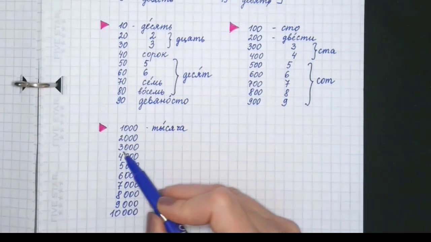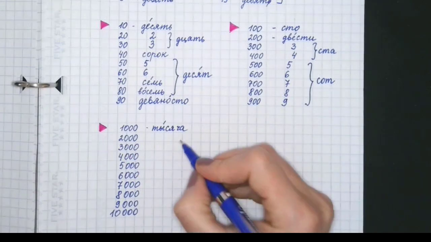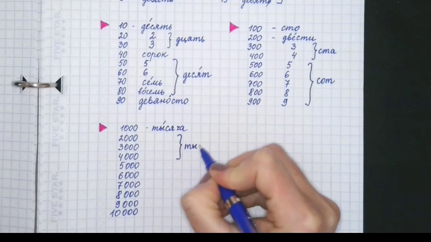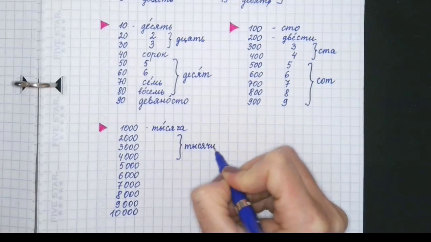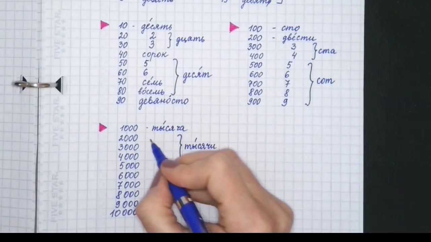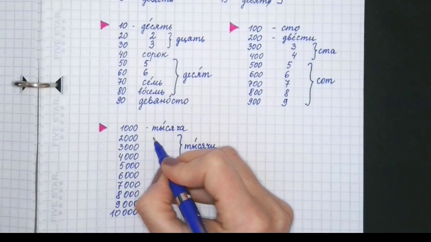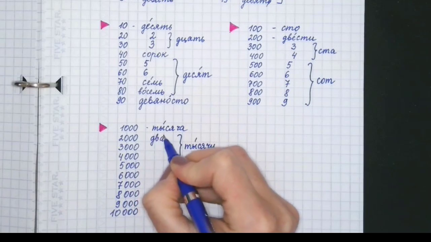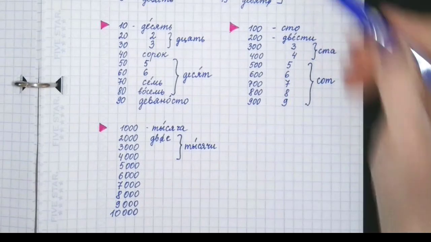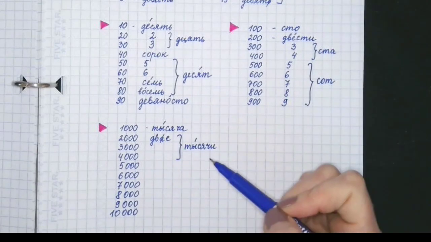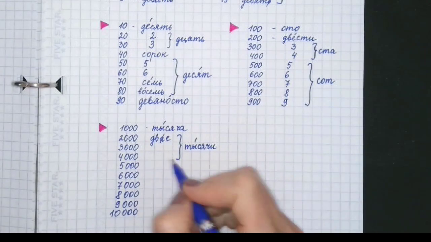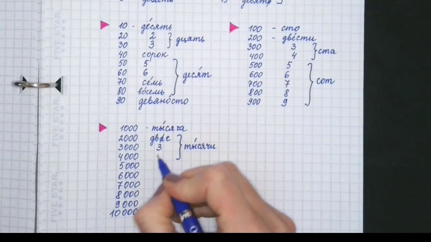And for 2,000, 3,000, 4,000, we'll use the word тысячи. We'll be using the numbers, but два will again change to две, like it was in 12. So 2000. 3,000 and 4,000, we'll just use the numbers.